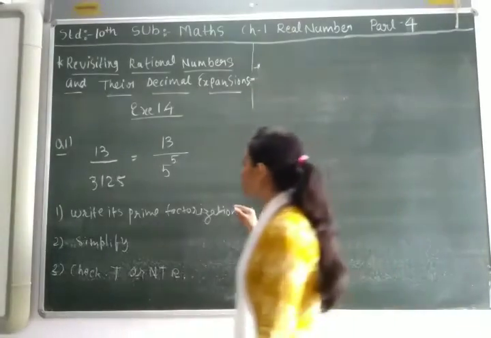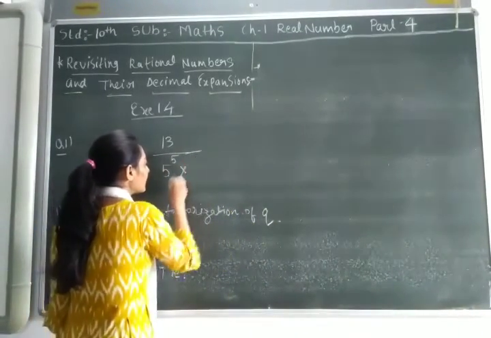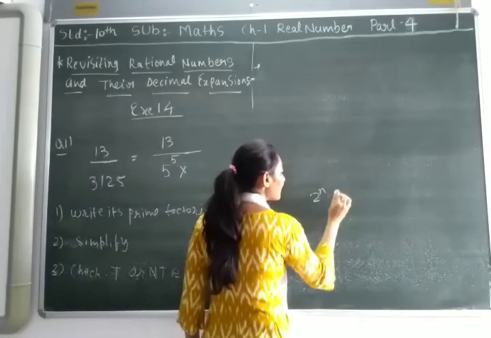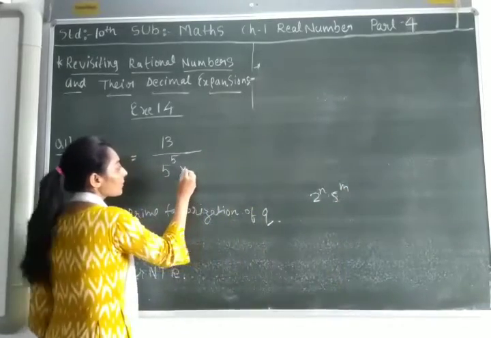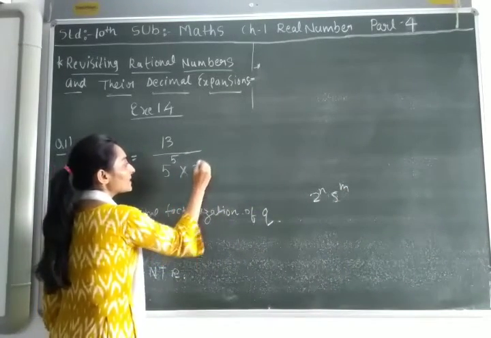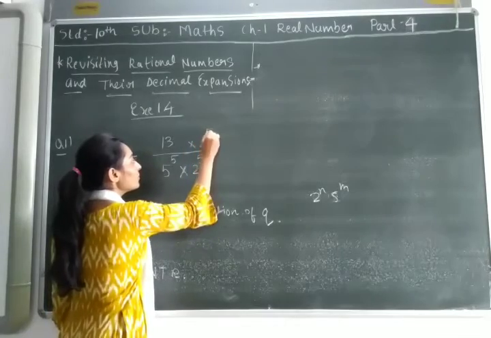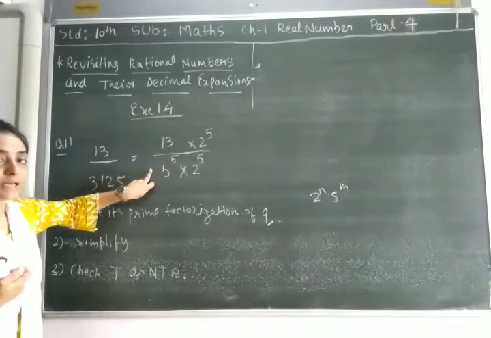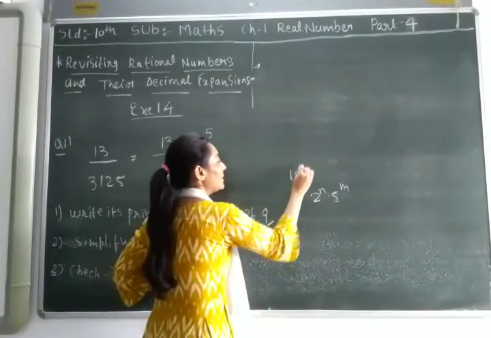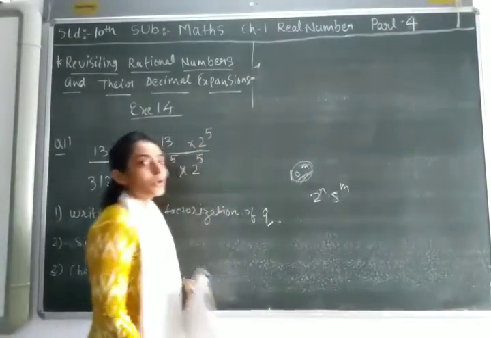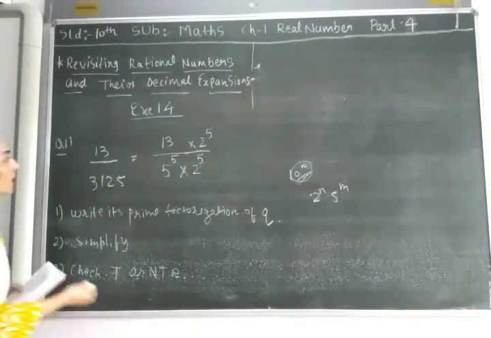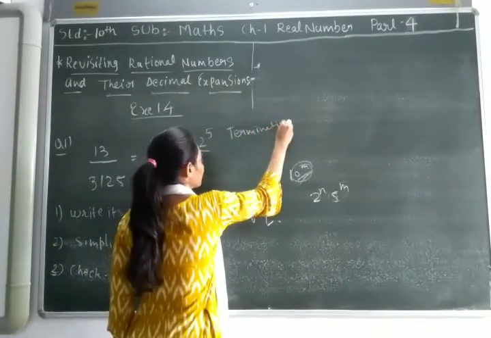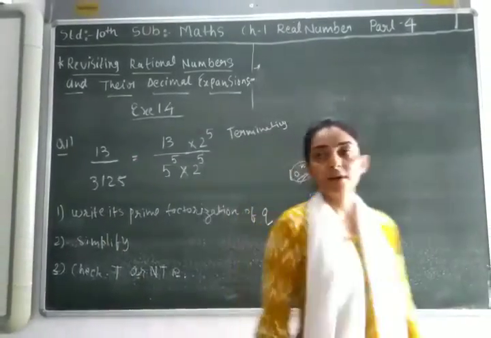So we can write this in the form of 2 raised to n and 5 raised to m. Multiplying by 2 raised to 5, the denominator becomes a power of 10. So this one is terminating.